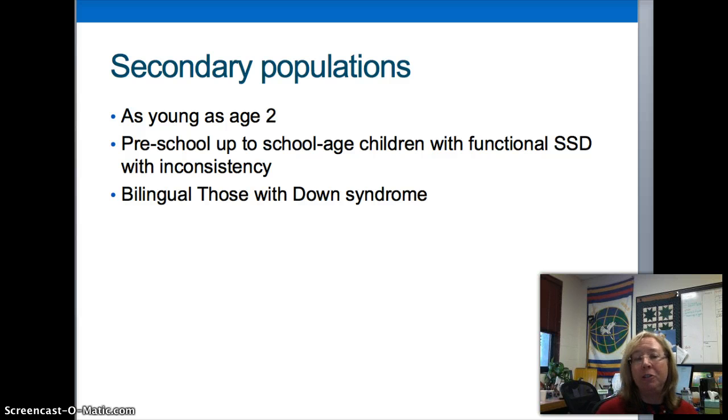As for secondary populations, you can use this method for children as young as 2. It's also been effective with preschool children, up through school age, all the way to middle and high school students who have what we call functional speech sound disorders characterized by inconsistency. We also see it works with kids who are bilingual and children with Down syndrome.